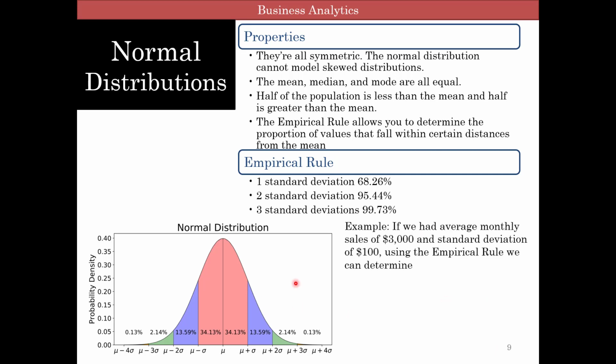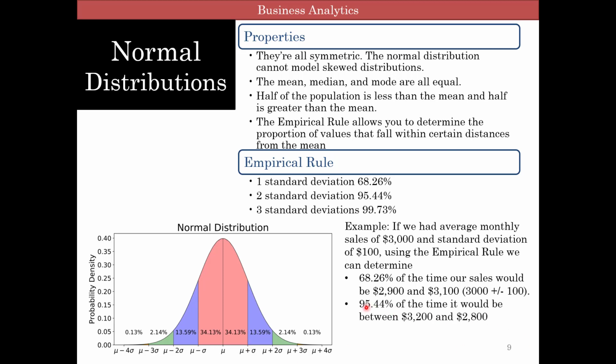So let's take an example. If we had monthly average sales of about 3,000 and standard deviation of 100, we know that 68.26% of the time our sales is going to be between 2,900 and 3,100. 95.44% of the time it would be between 3,200 and 2,800, and then 99.73% of the time it's going to be between 3,300 and 2,700.